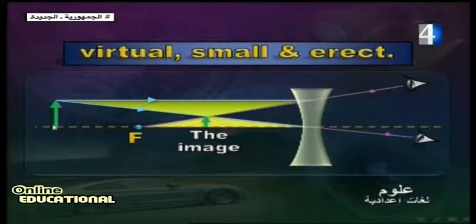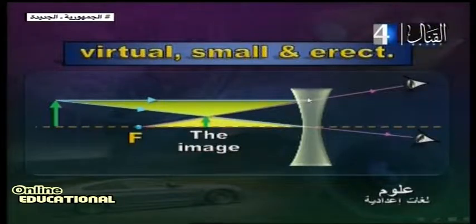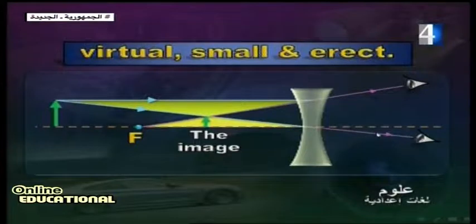Okay, to draw the image, we must draw two light rays. One of them is parallel to the principal axis, and the other one is passing through the optical center. We knew that a light ray passing through the optical center passes without refraction as normal.